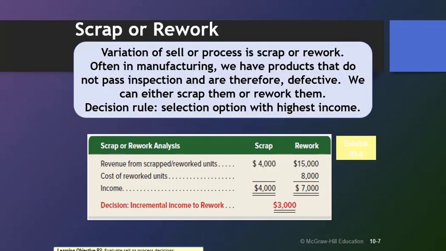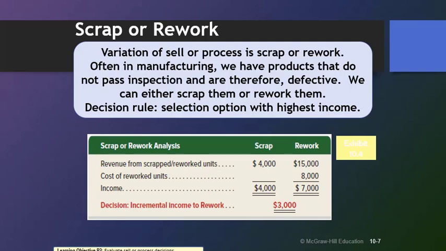Now, we're going to look at a scrap or rework decision. This is kind of a variation of the sell or process further. Sometimes in the manufacturing process, we get some defective products, maybe the machine messes up or an employee messes up, and we can't sell the products the way that they are.